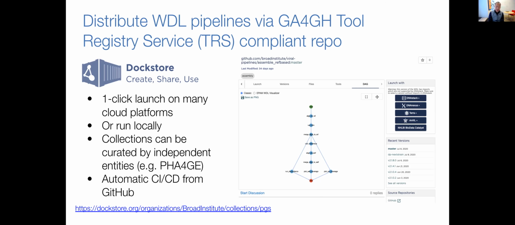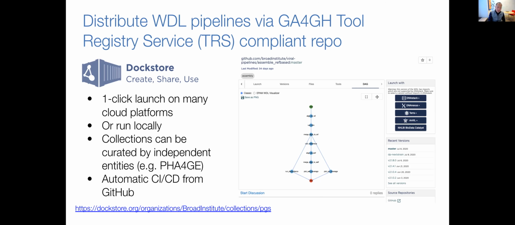If you're not familiar with it, you can look at it some other time, but it's a hub, in the same way that Docker Hub or Quay could be your hub for containers, and GitHub could be your hub for raw code. What about a place that is the hub for the actual containerized workflows themselves, whether they're written in Nextflow or Galaxy or WDL?